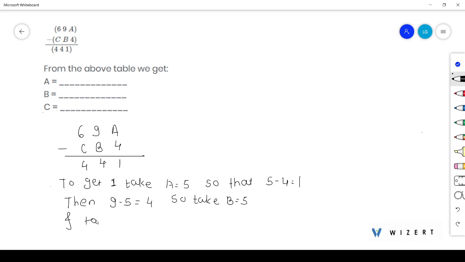And to get 4, we need to take C equals 2.